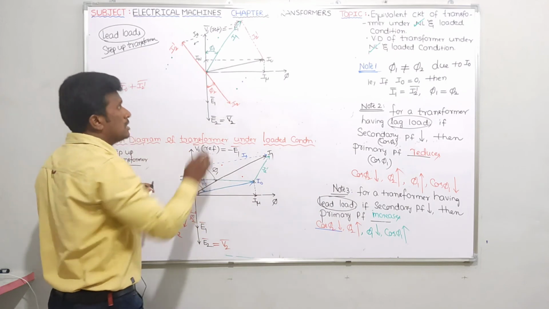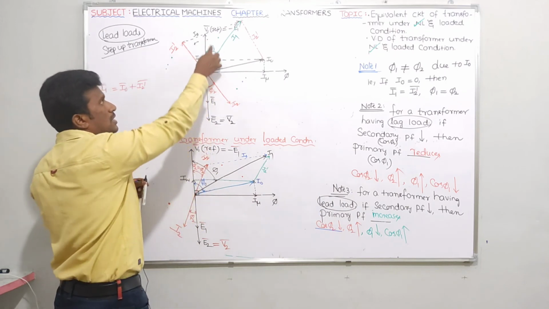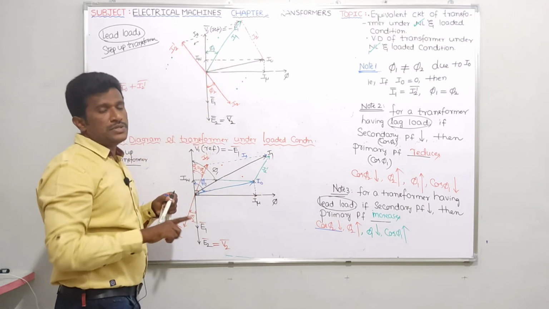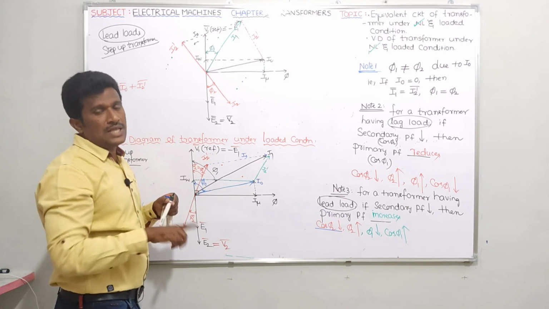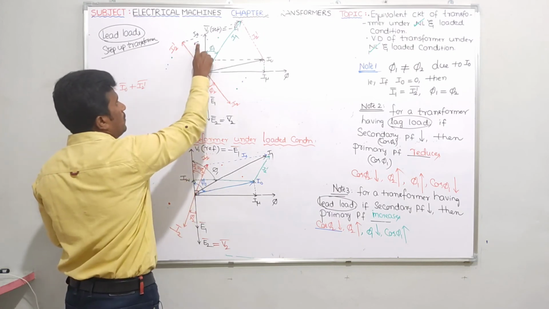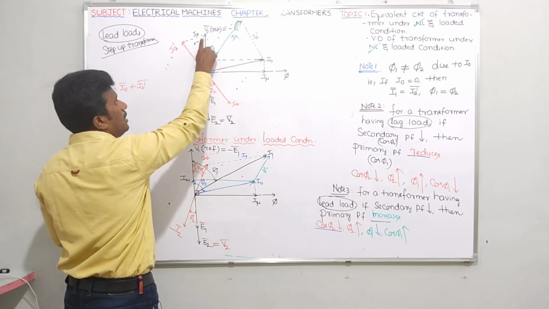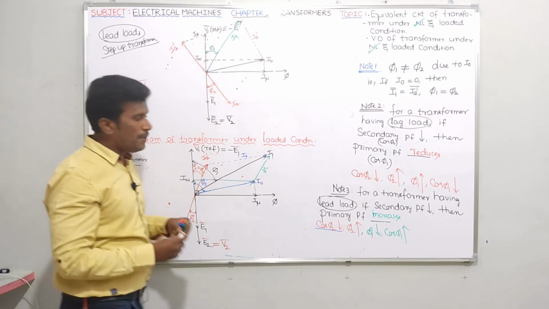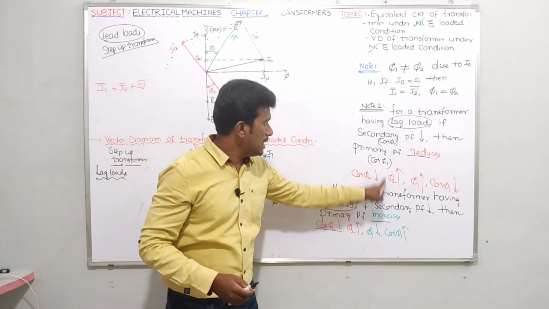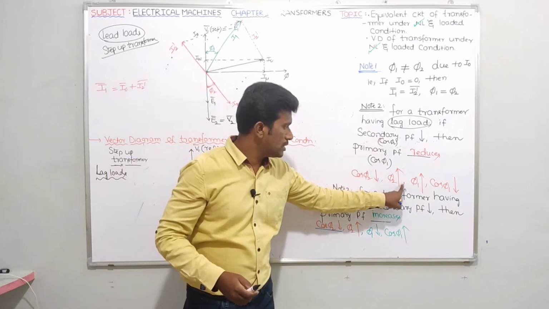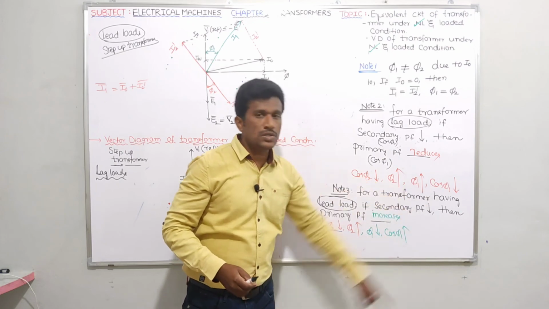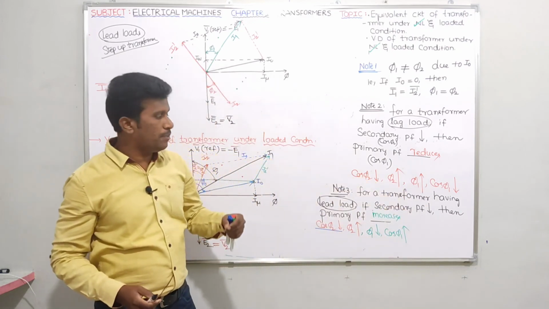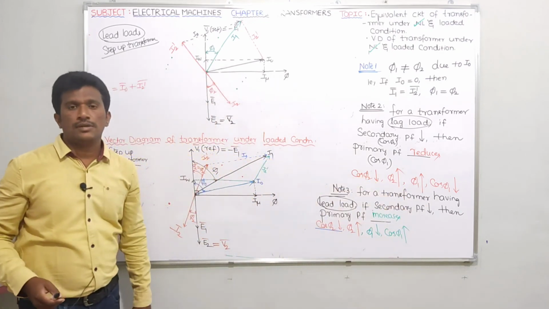But after crossing the V1 vector, if you still reduce cos phi 2, the angle between I1 and V1 starts increasing. Whenever pi 1 is increasing, there is a chance of primary power factor reduction.